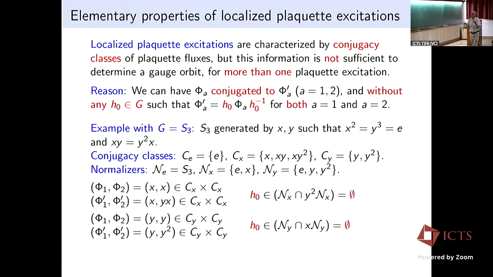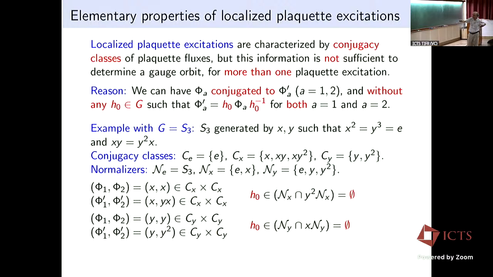So now imagine that you have 2 fluxes, phi1, phi2, and you know that both of them are in the conjugacy class of X. And actually, this corresponds to a label in the appropriate quantum double of the categorical description that Julien presented. So I have the same labels, CX, CX. But now, suppose I consider this second configuration of a pair of group elements, phi prime 1, phi prime 2, X and YX.